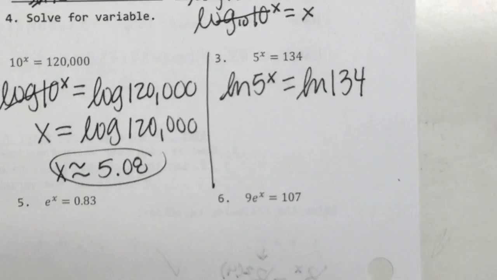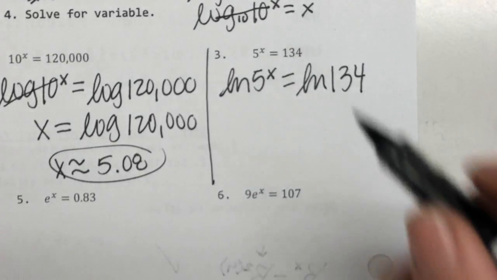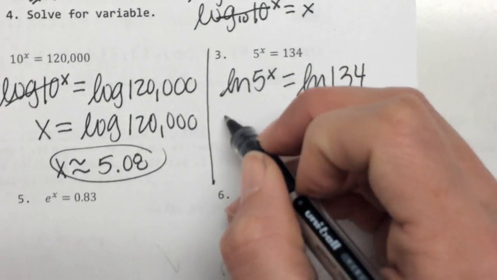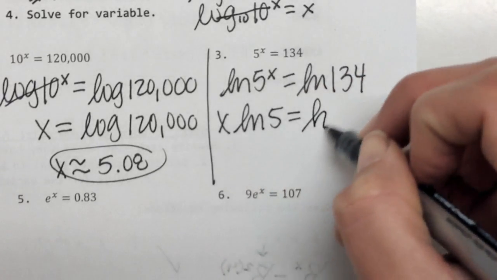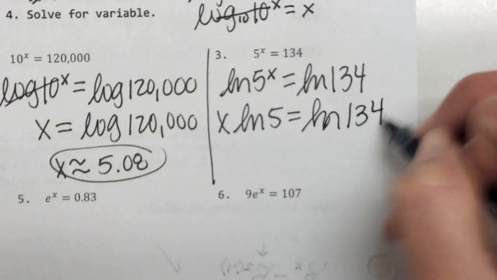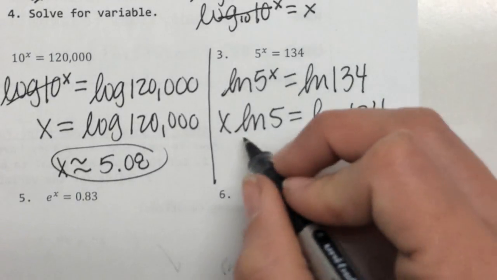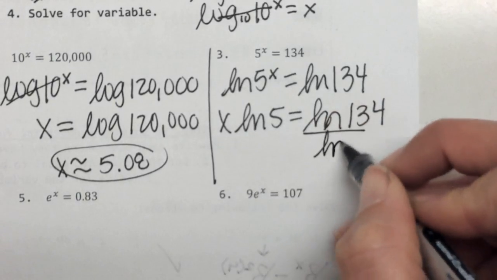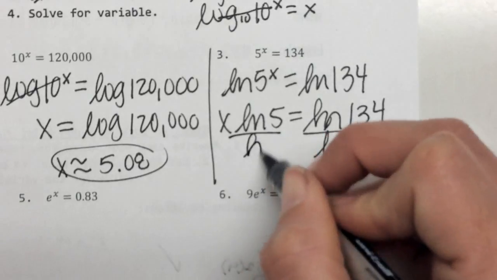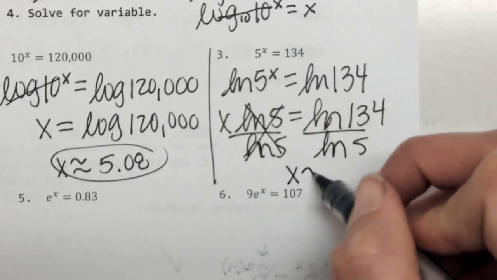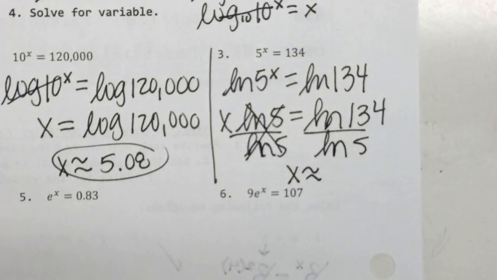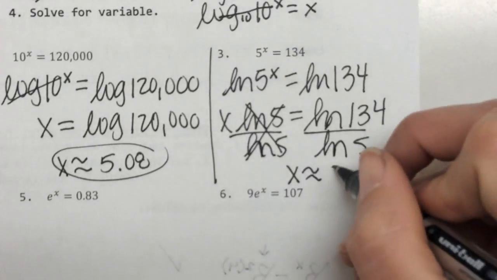Now what? Yep, power property. This will change to what? Next. Very good. So x is approximately, good.